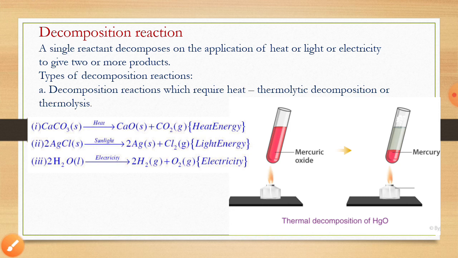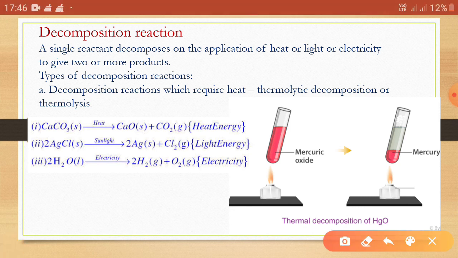What is a decomposition reaction? A decomposition reaction needs heat, light or electricity to give two or more products. In this reaction, a single reactant decomposes in the presence of heat, light or electricity and gives two or more products as a result.